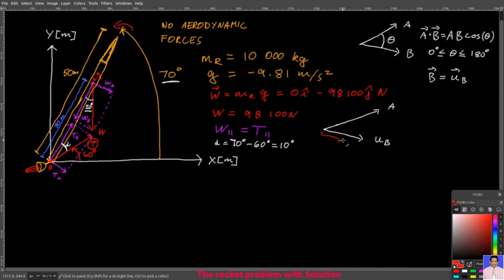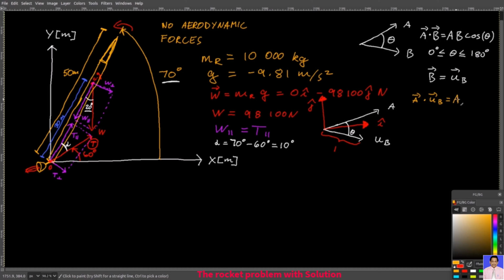The magnitude of this general unit vector is 1. The angle here is theta, and then I'm going to say that this is my j vector, and this is my i vector. Then if I take A dot B, then essentially I will have A vector dot this general unit vector in the B direction.